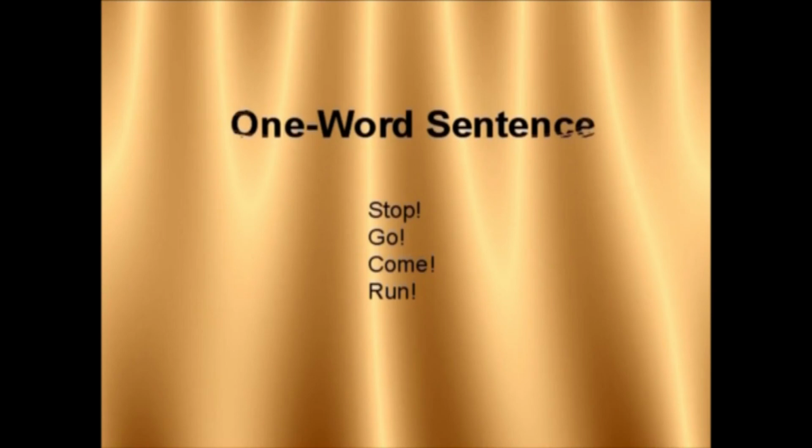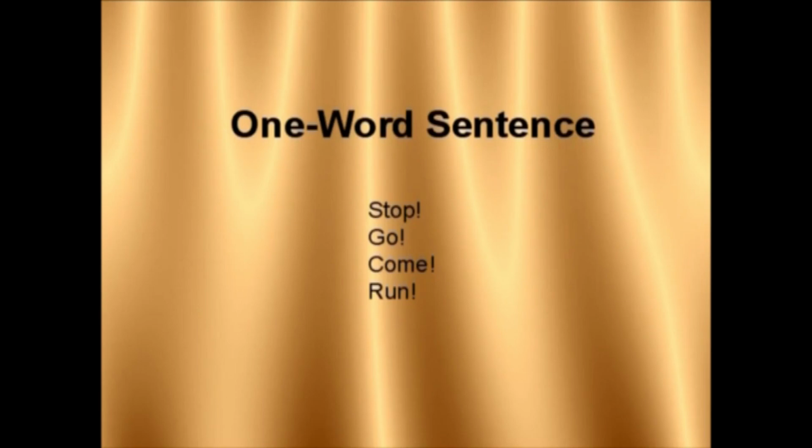How about a one-word sentence? We said a while ago that a sentence may be a word. That's right. An example of a one-word sentence is stop. Stop is the predicate. Where is the subject? A sentence must have a subject. If I tell you, stop, it makes sense, doesn't it?